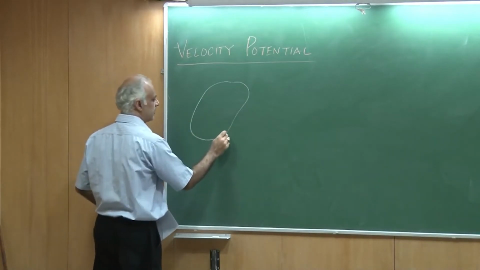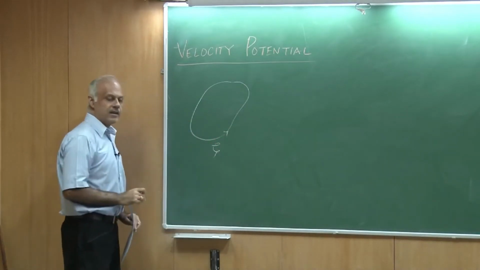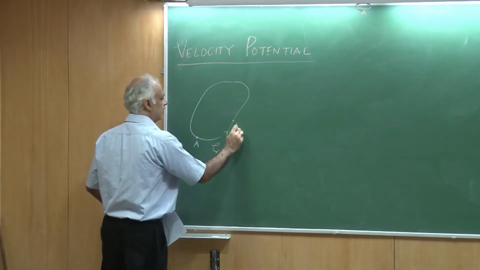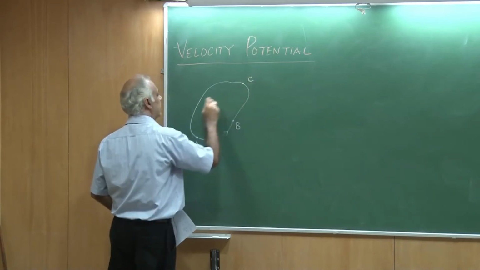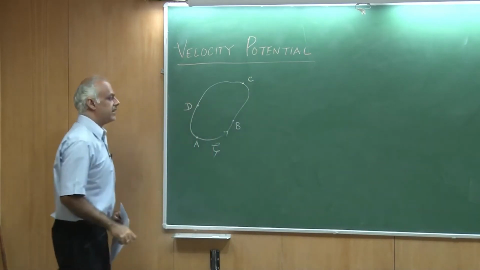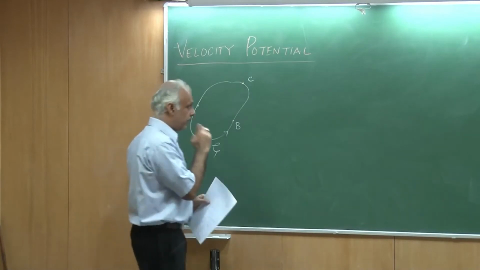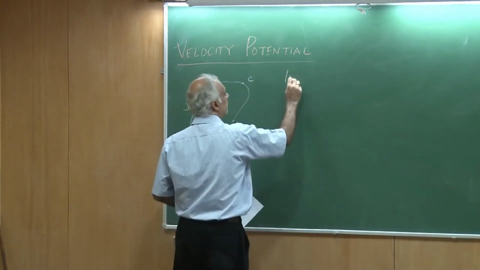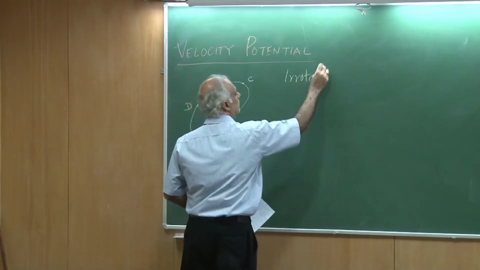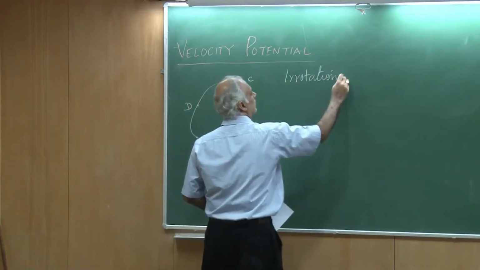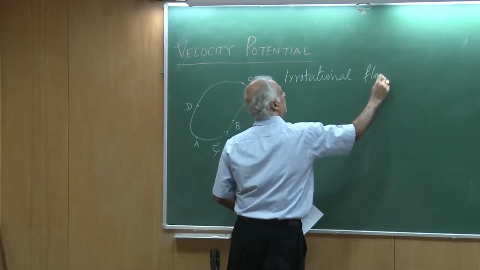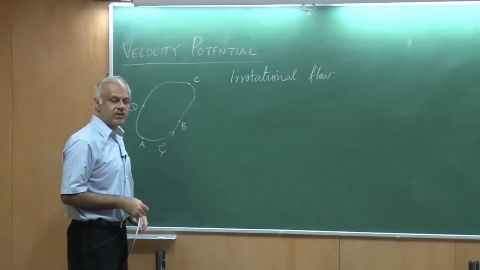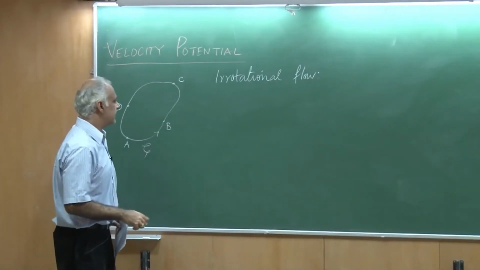So, this is the curve C, and let us say there are these points on it A, B, C and D. Now, I have an irrotational flow and therefore, I can say the circulation calculated on this curve C is 0.